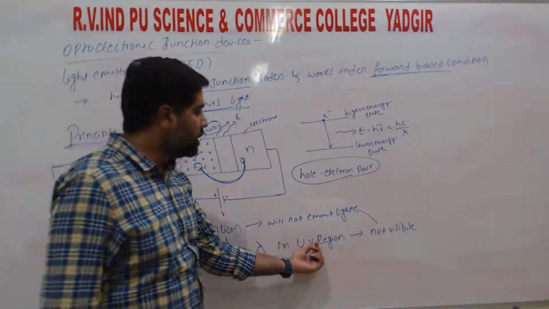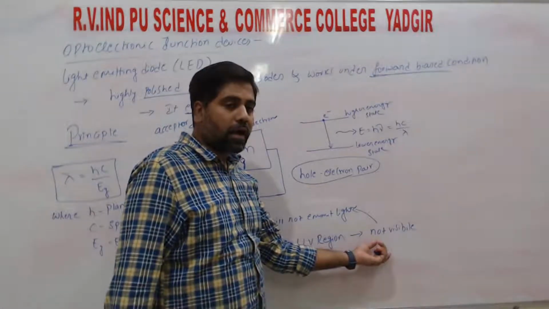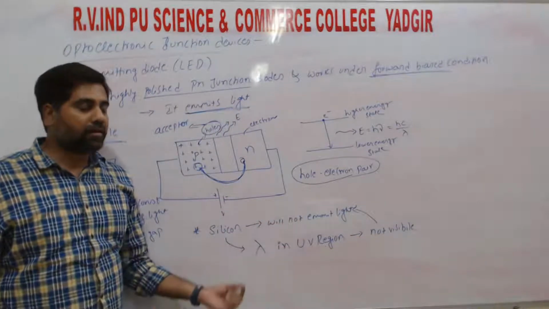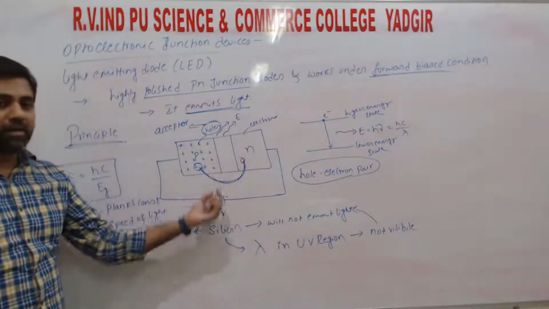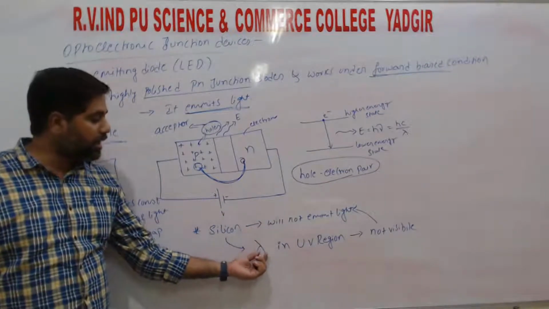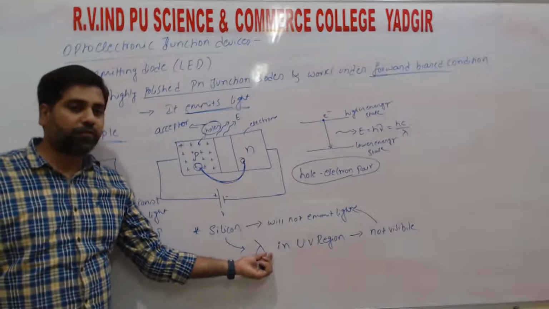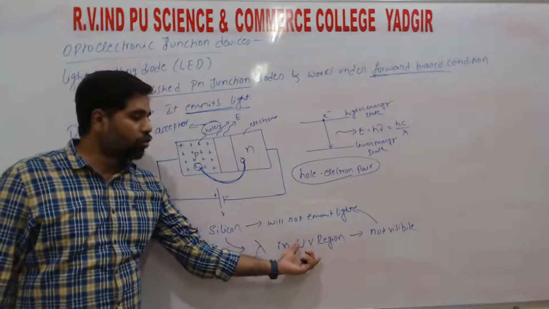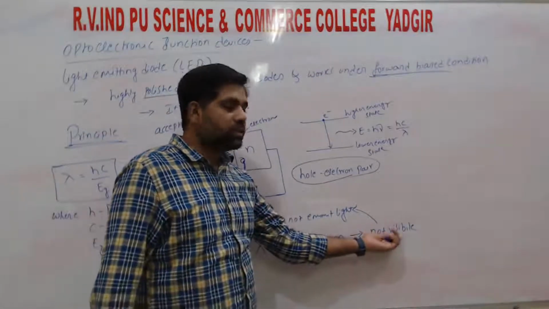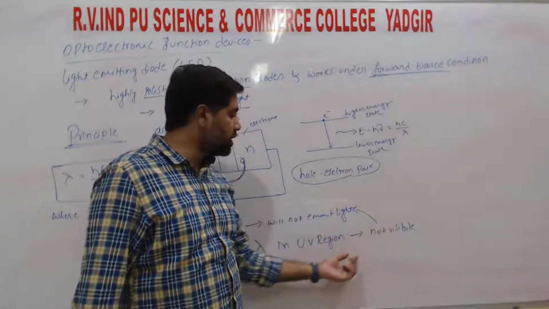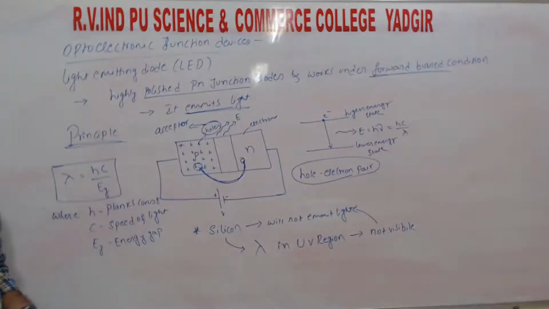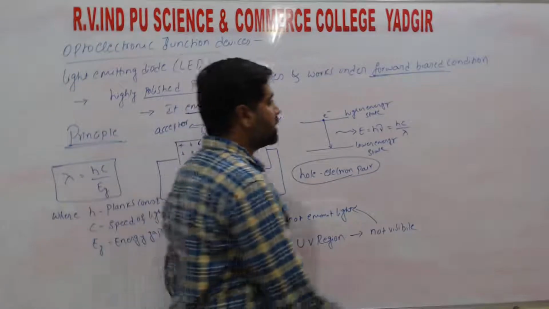In this region, the radiations are not visible. For that reason it will not emit any light, because the radiations having wavelengths in the UV region are not visible to our eyes. So silicon semiconductor, that is a silicon LED, will not emit any light, because the emitted radiation has a wavelength which falls in the UV region. In this region we are not able to see the wavelength, so it will not emit any light, right?